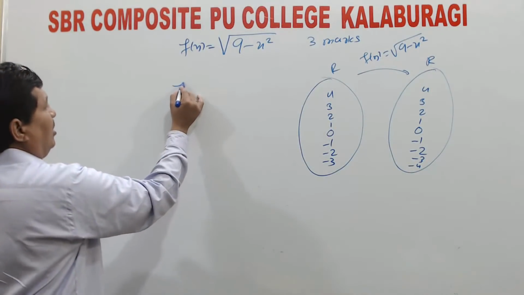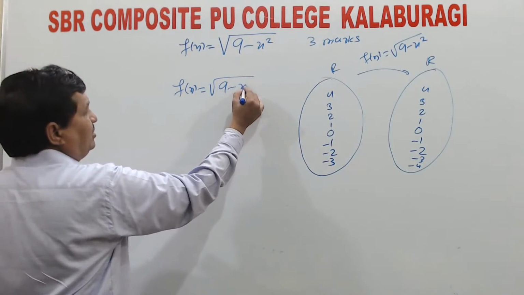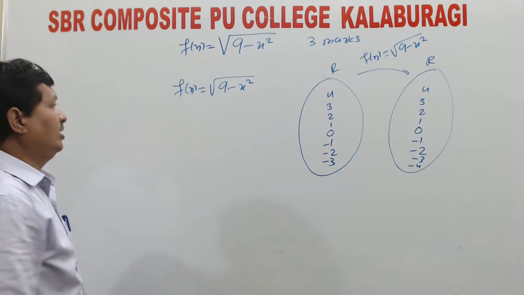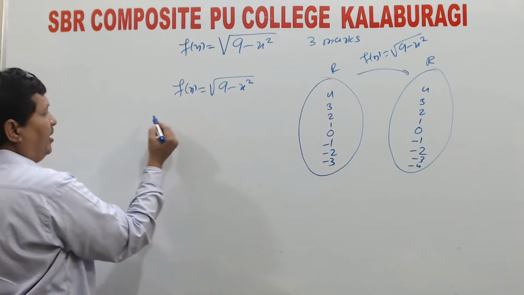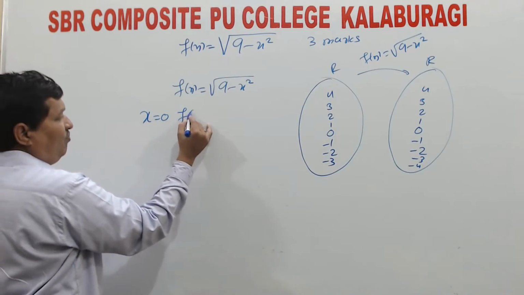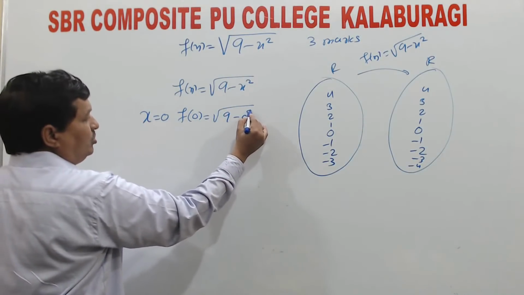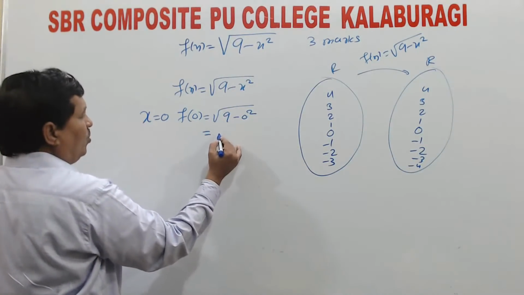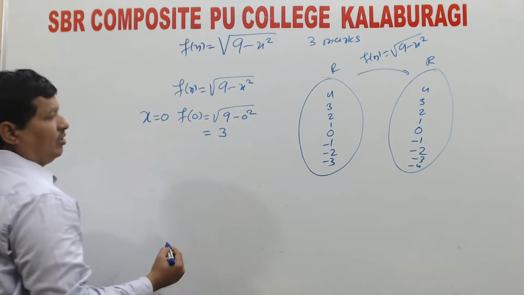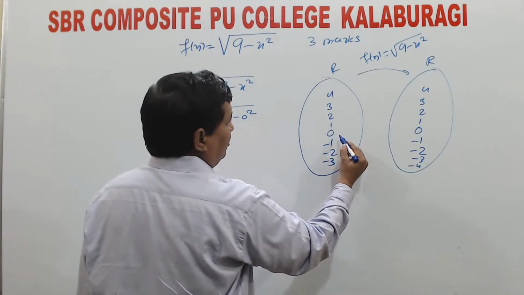First, you take F of X equal to root of 9 minus X square. Some of the integers again you have to consider here. First, X equal to 0. F of 0 equal to root of 9 minus 0 square. Root of 9 is 3.